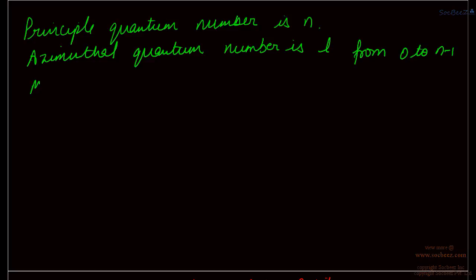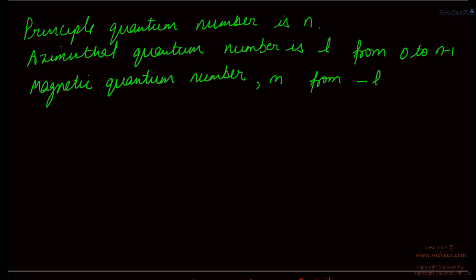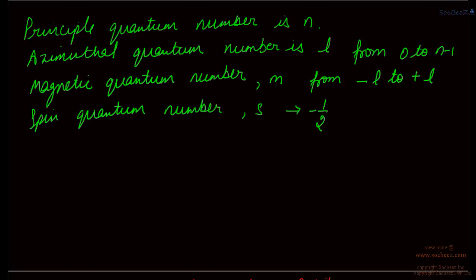There is another quantum number known as the magnetic quantum number, represented by m, and its value ranges from −l to +l. And there is another quantum number known as the spin quantum number, as it represents the spin of an electron, and its value is +1/2 or −1/2, to represent the spin in two directions.